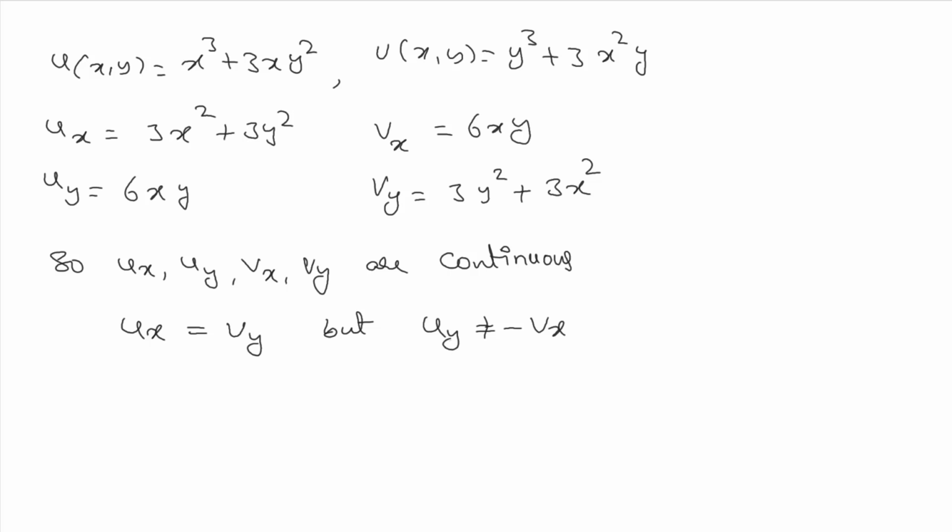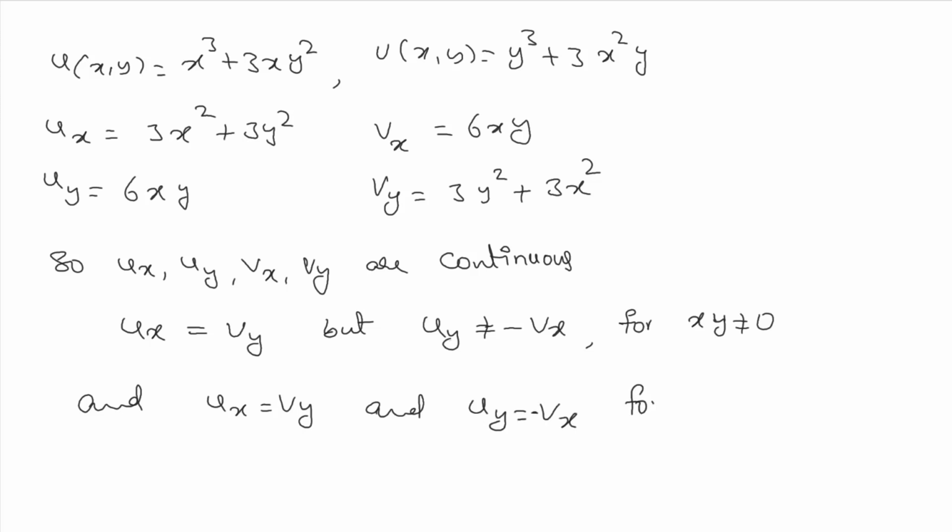Here we have ux equal to vy in all cases. But uy equal to minus vx happens only for xy equal to 0. So we have the Cauchy-Riemann equations satisfied whenever xy equal to 0.